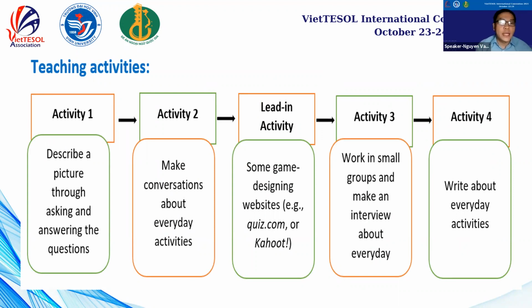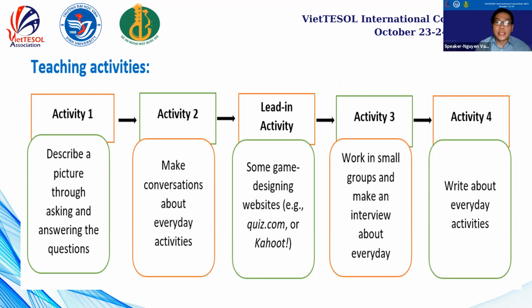For activity number 1, the teacher requires students to describe the pictures through asking and answering questions. And activity number 2, the teacher requires students to work in pairs and make conversations about everyday activities. Before transferring from activity number 2 to activity number 3, we have a leading activity.